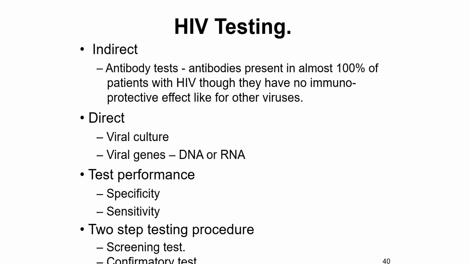If someone is negative, then that's fine. But if they are positive, you need to do a confirmatory test. The way these tests are sequenced, which one starts first, has to do with specificity and sensitivity. I hope you understand these words.